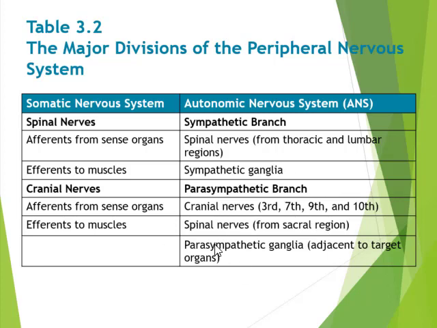The parasympathetic branch includes these cranial nerves that are listed here, spinal nerves, and parasympathetic ganglia that have overall the function of supporting more long-term energy conservative behaviors and functions. Of course, most complicated behavior and important behavioral functions require the delicate balance between sympathetic and parasympathetic functions, and we'll talk about that in subsequent lectures.